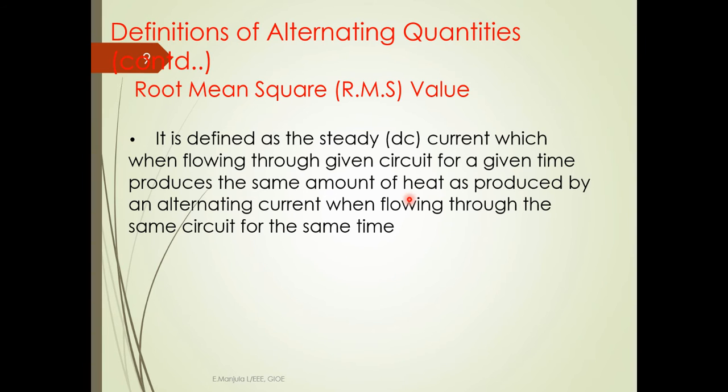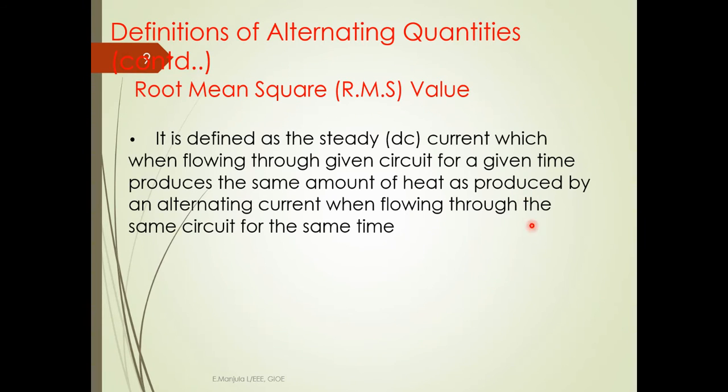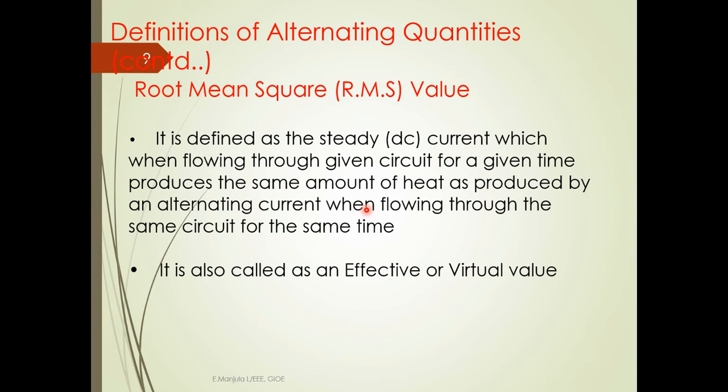So here the same amount is produced as heat, and in average it is the same amount of charge. So the time for both DC and AC is the same and the circuit is the same, and the heat produced is the same. Okay. So that is called root mean square value. It is also called the effective or virtual value.